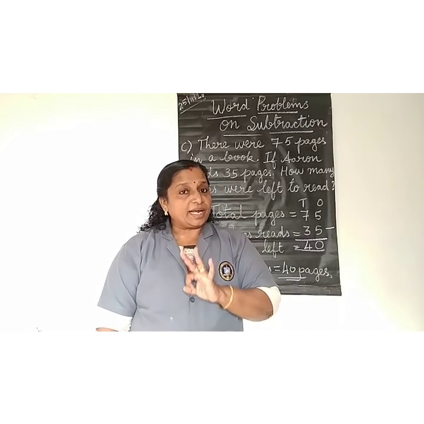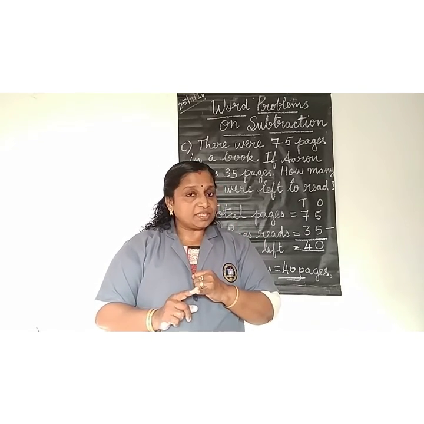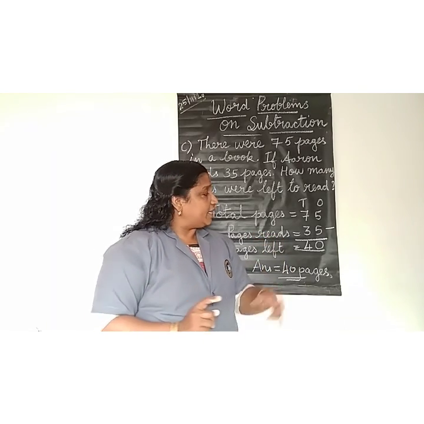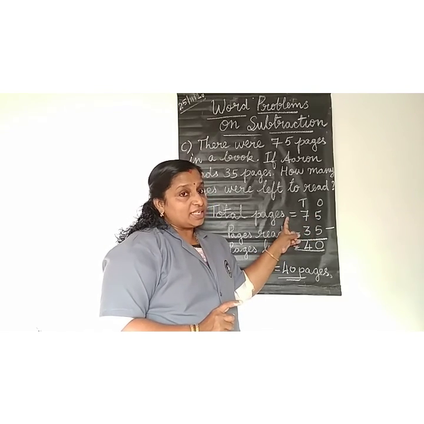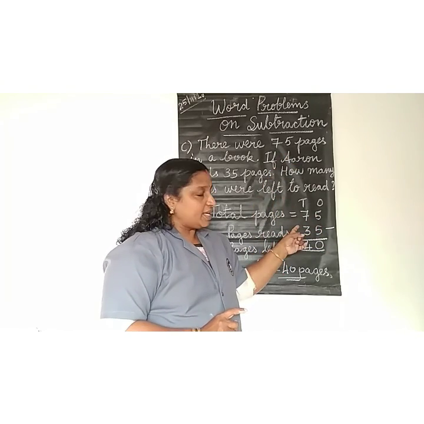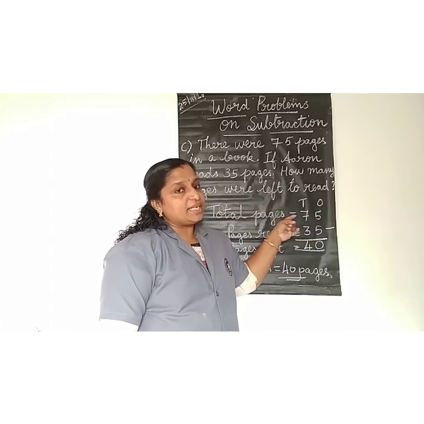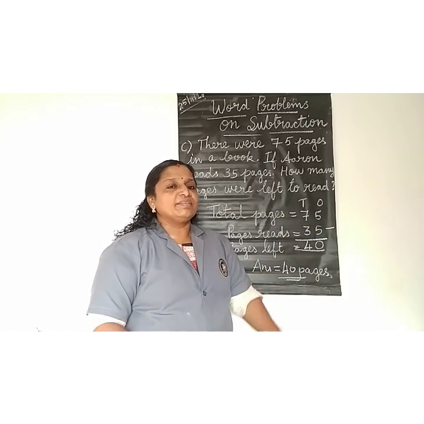Don't write the ones place number into the tens place and the tens place number into the ones place. While picking down the numbers, be careful. The ones place number should be in the ones place and the tens place number in the tens place. Otherwise, you will be getting 0.